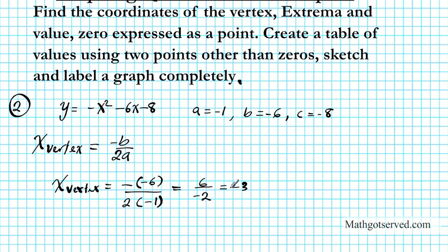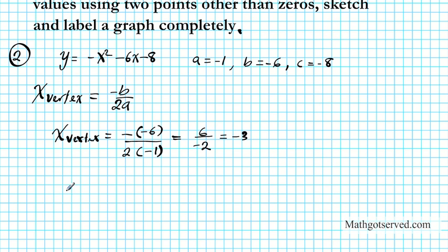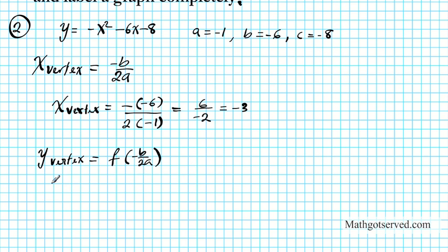All right, now we're going to look for the y coordinate of the vertex. To find the y coordinate of the vertex, we're going to do f of negative b over 2a, basically plug our result into the original function to get our output, okay? So the y coordinate of the vertex is going to be f of negative 3, which is what I'll get when I plug in negative 3 up here.